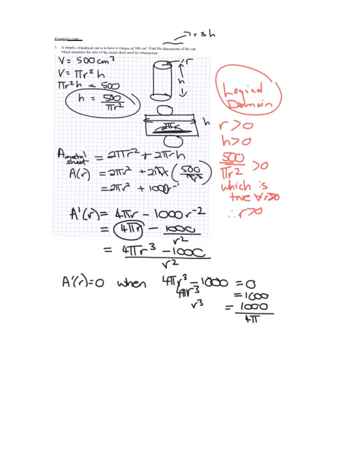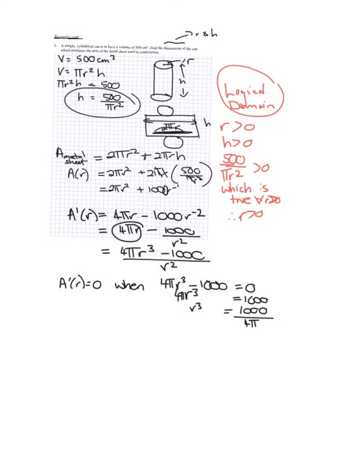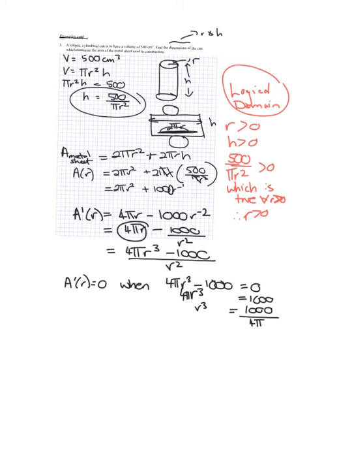To be able then to find r, we're just going to have to cube root that. So r is going to equal the cube root of 1,000 divided by 4 pi. And if you put that in your calculator, you get 4.30 centimetres, to 3 significant figures.